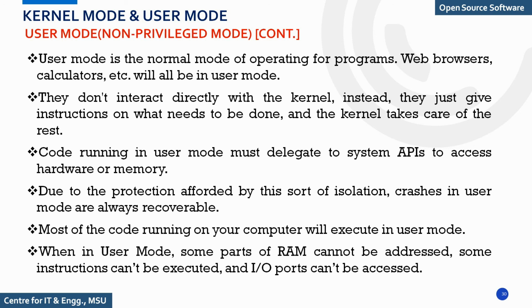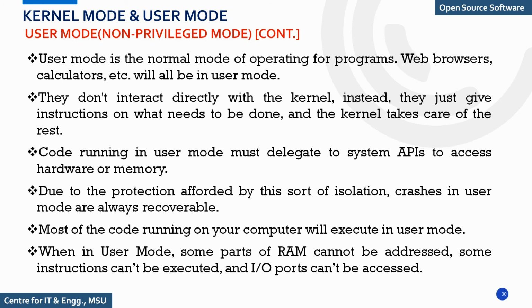Instead, they give instructions on what needs to be done, and the kernel takes care of the rest. The code running in the user mode must delegate to system APIs to access hardware or memory. Most of the code that runs on the computer will execute in user mode.